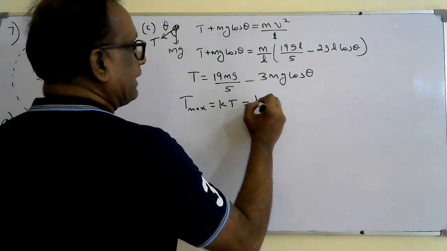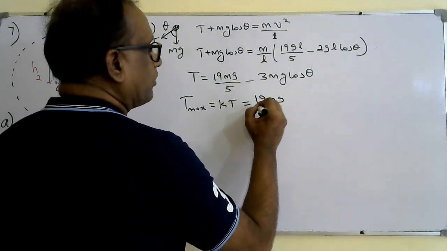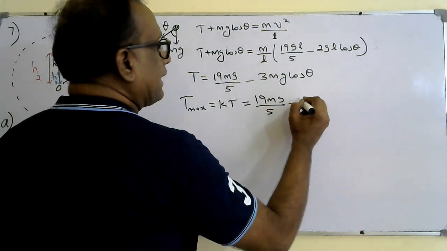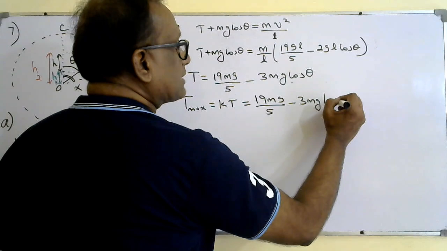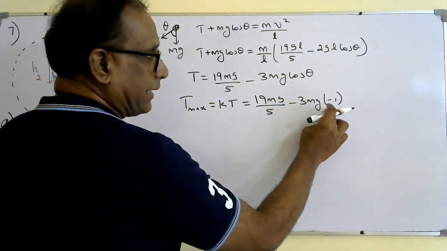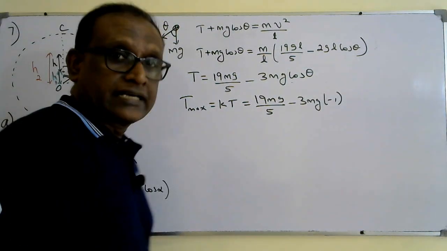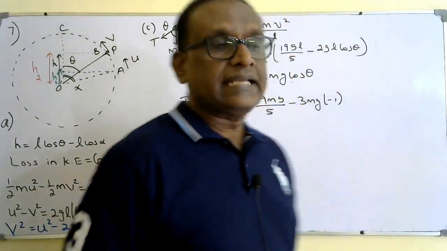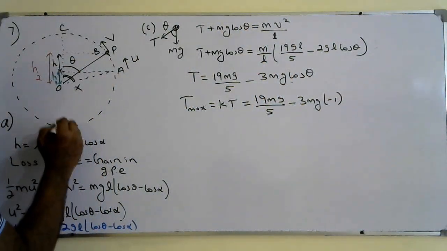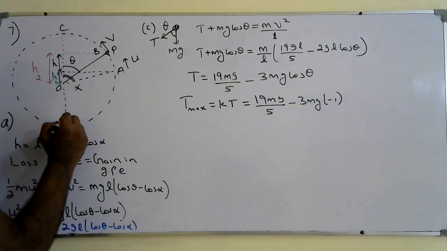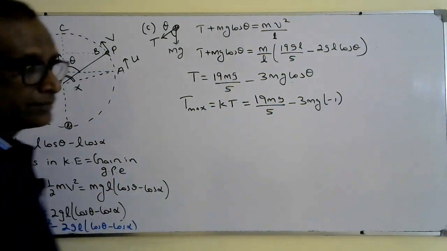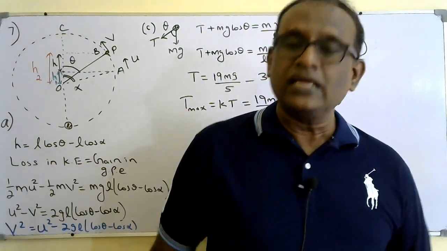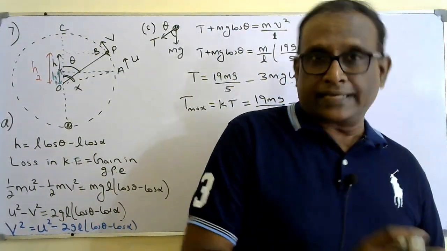That is equal to 19 mg over 5 minus 3 mg cos theta, with cos theta equal to minus 1. Cos theta minus 1 means theta is 180 degrees, that is pi, which happens at the lowest point. So T maximum occurs at the lowest point when theta becomes pi radians or 180 degrees.